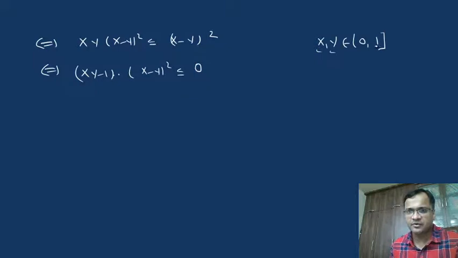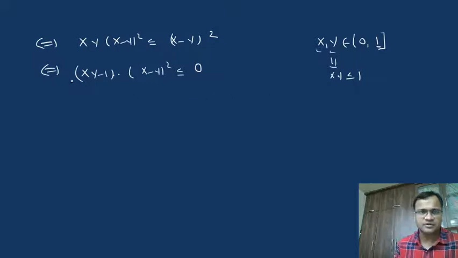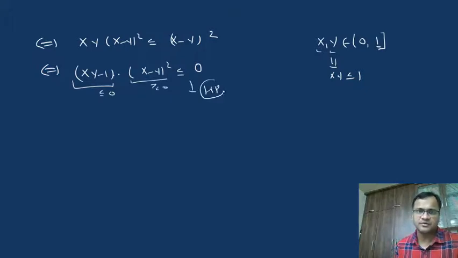Both the variables cannot go beyond 1, therefore their product cannot go beyond 1. xy is less than or equal to 1, so therefore this is less than or equal to 0, and this is greater than or equal to 0, therefore the inequality is obviously true, hence proved.